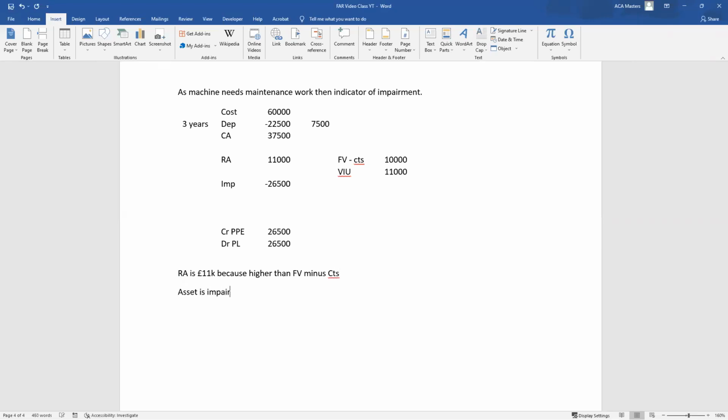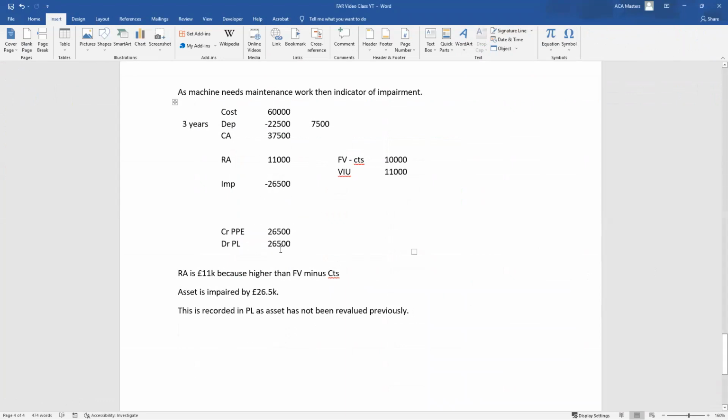Asset is impaired by 26.5K. This is recorded in P&L, and you could just put, as asset has not been revalued previously, and therefore there's no amount in the revaluation reserve for this asset.